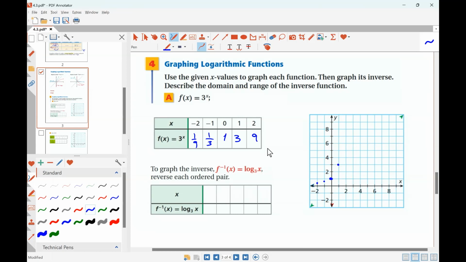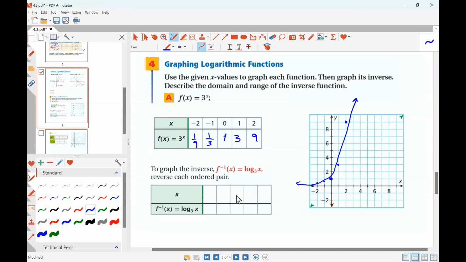At 2, I'm at 9. So those are the points that I have to connect. By connecting them and extending the graph, I will get to see what an exponential growth function looks like. So that's my exponential growth function.